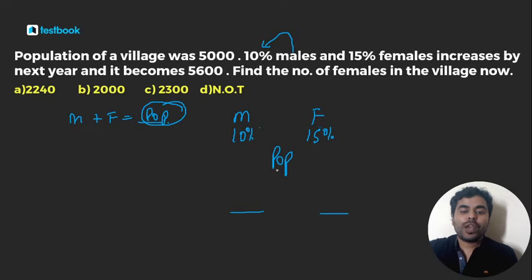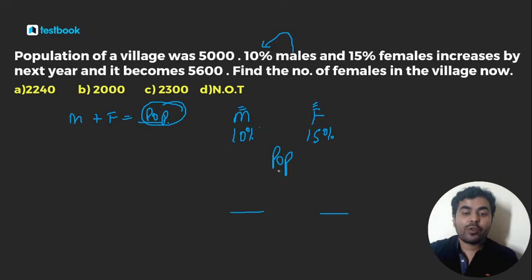Now we have to write about the population also, by how much percent the population is increasing. Let us check, is any percentage given about the population? No, there is no percentage given. Then you have to find out the percentage change in population, because in the components you have put the values of males and females as increment or decrement percentage.